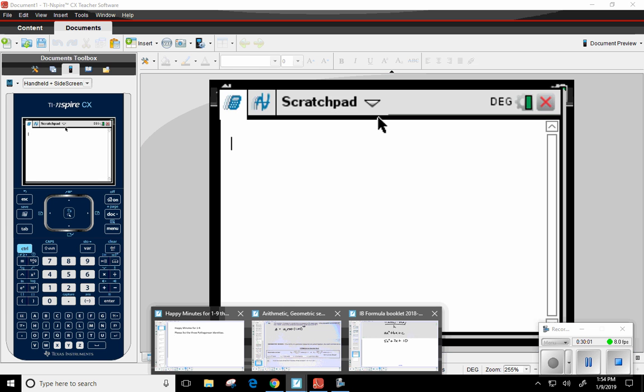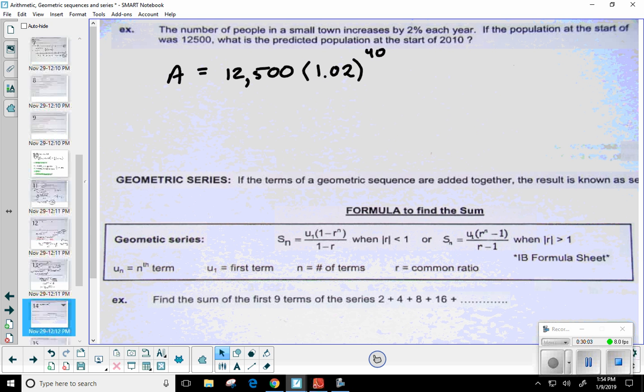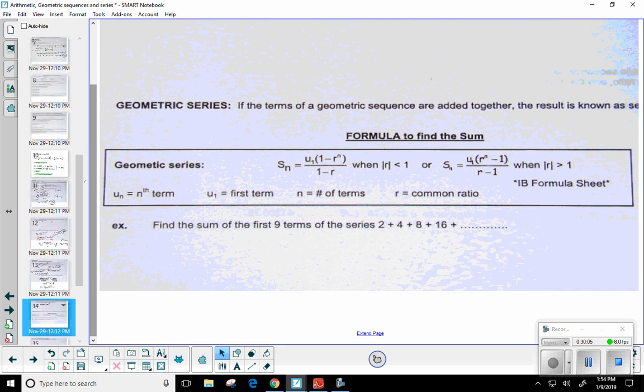Okay, good. Well here, I believe this is our last topic in this section, geometric series. If the terms of a geometric sequence are added together, the result is known as a series. Just like an arithmetic series, however many terms you're wanting to add in your sequence, we call that a series. Same thing for geometric. Now, we have specific formulas depending on what your common ratio is.